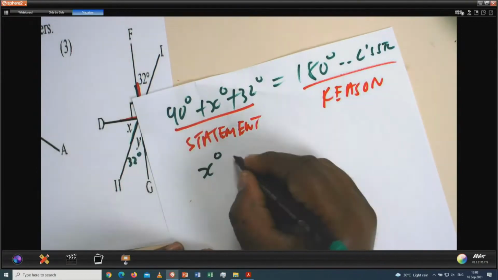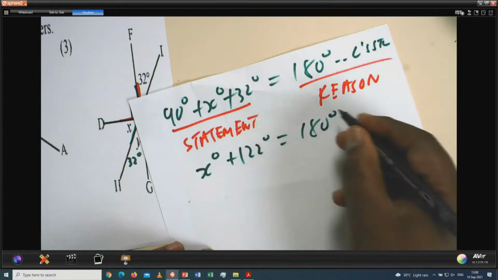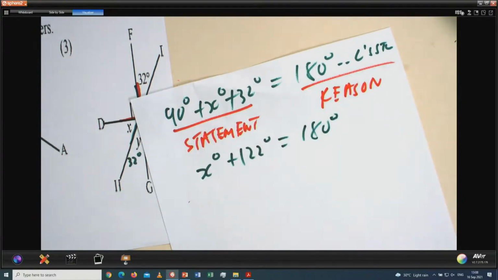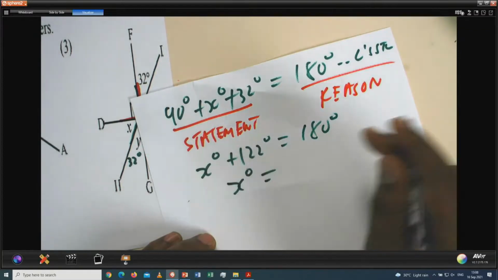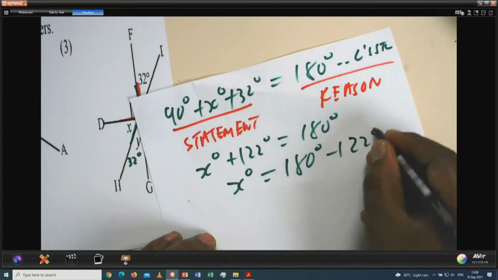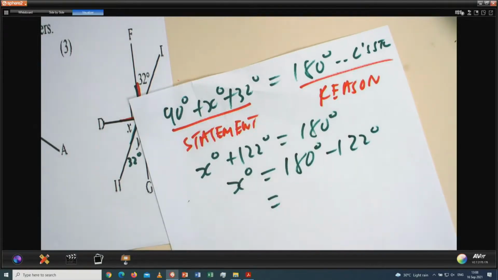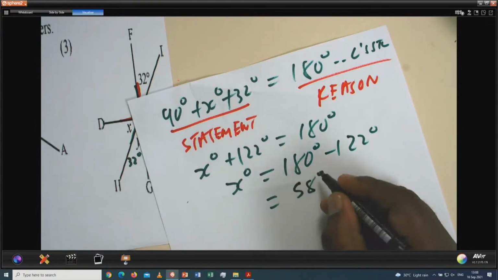Your x degrees plus 122 degrees equals 180 degrees. Your transposition, again, you take it that side, the sign will change. Therefore, your x is 58 degrees.